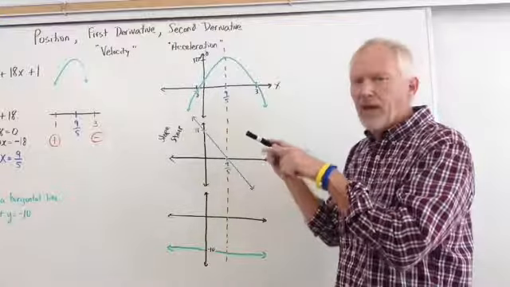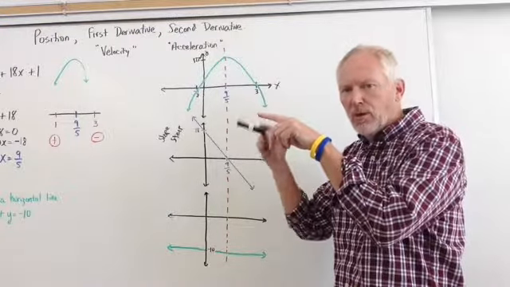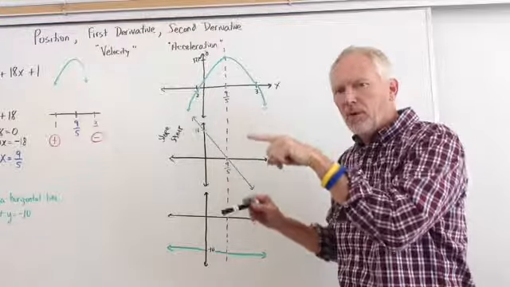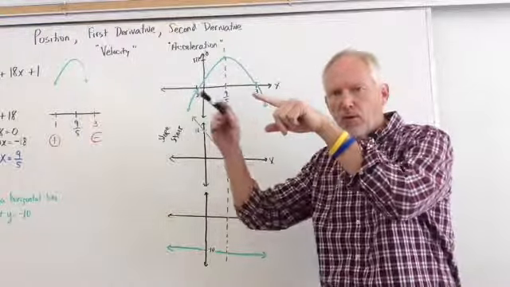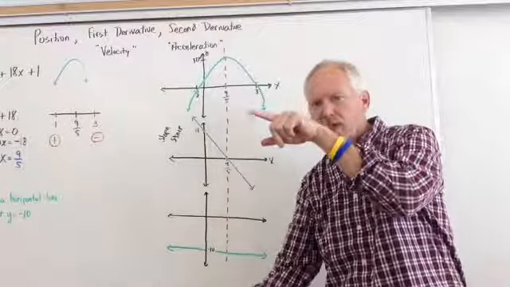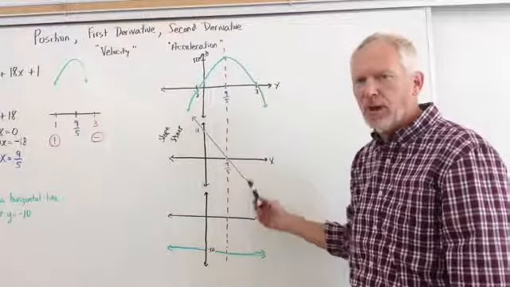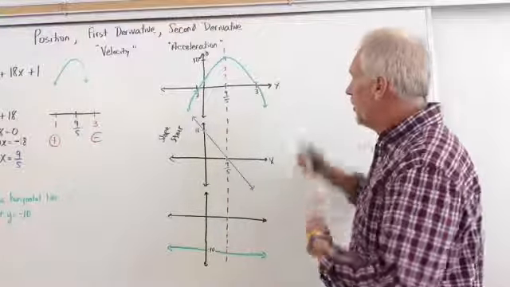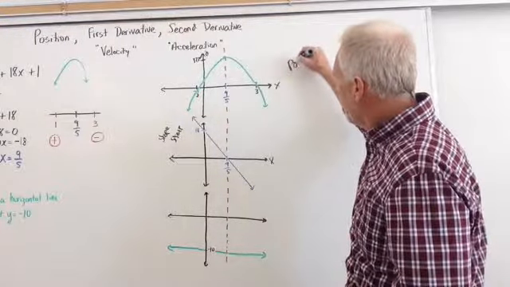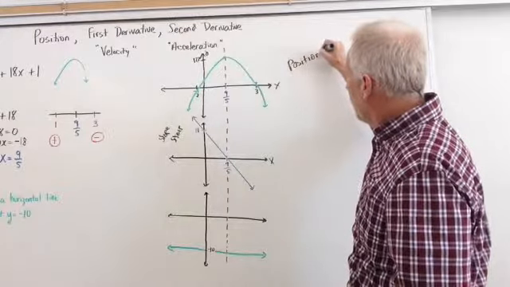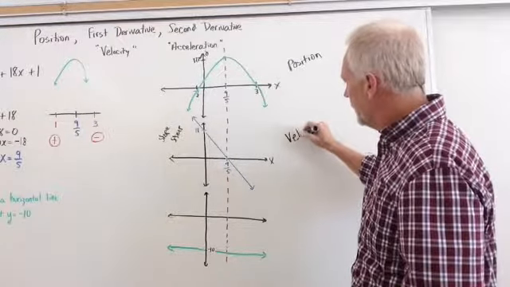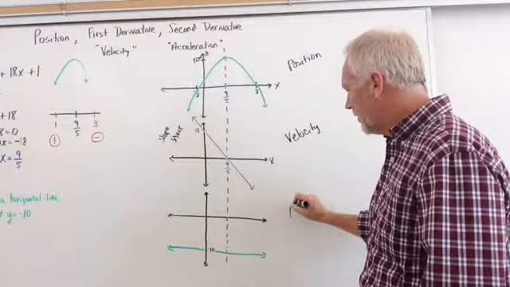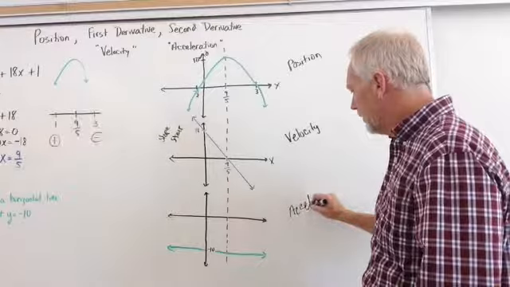If I have negative 2, it's over 1, down 2, so rise over run, getting steeper, negative 3, negative 4. But 18 would be over 1, down 18, so we have a very steep slope. That's what that is marking. So this is the position graph, this is the velocity, or the first derivative graph, and then this is the acceleration.